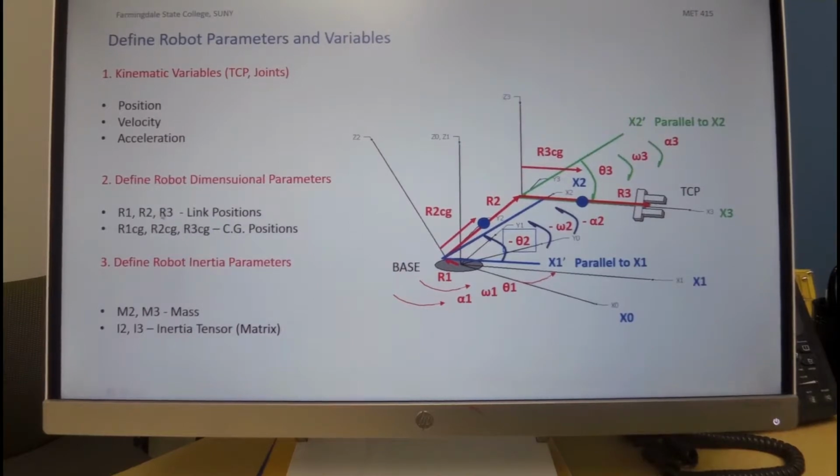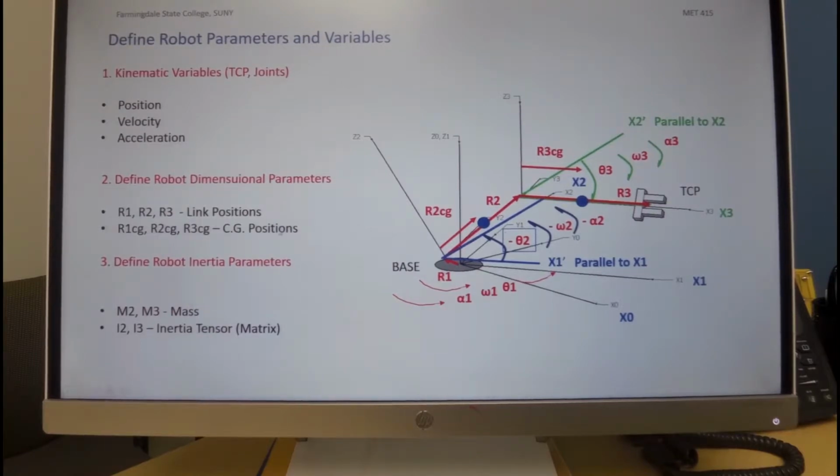Other parameters that we have over here are various position vectors such as R1, R2, R3. To get to the tool center point, we have this vector R1, R2 plus R3. They are oriented in space, each one in its own coordinate system, and can be easily defined.